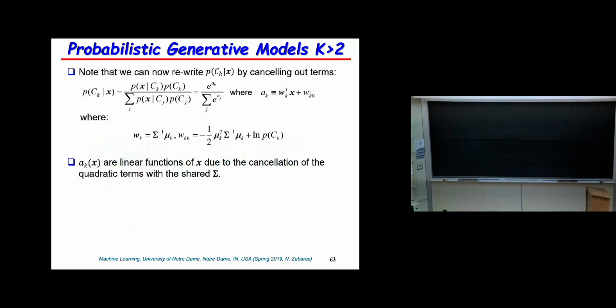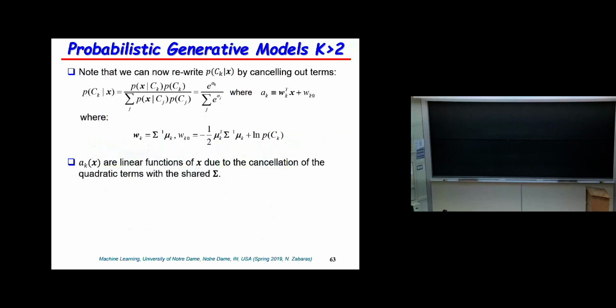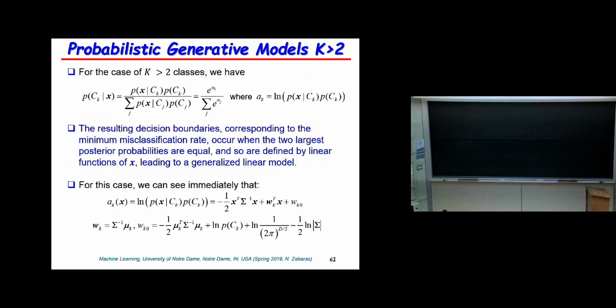And so I'm actually going to redefine alpha k now. Remember before, when we had this definition, we had this term here, minus 1/2 x transpose sigma inverse x. I'm going to redefine it to be just a linear model here, w transpose x plus wk0, where these are the only terms that are important. By the way, when you look at different books, they tell you, oh, you plug in this definition, and then there's the linear model.